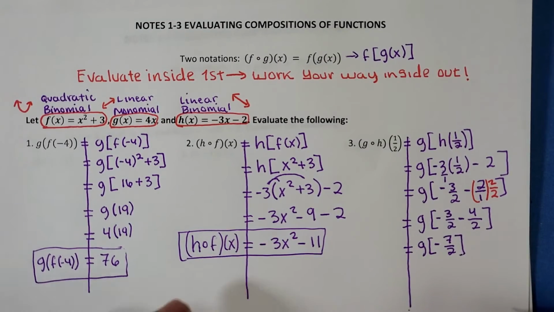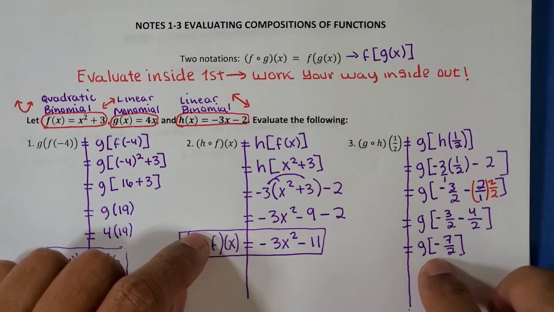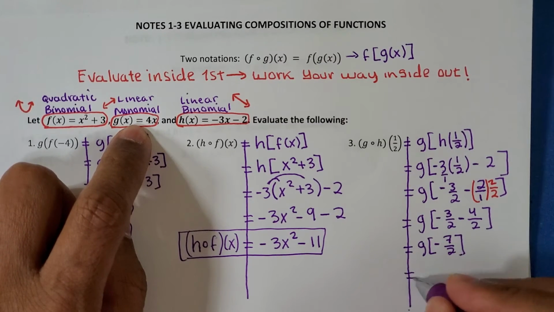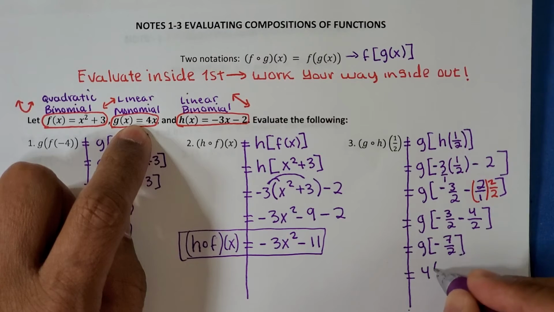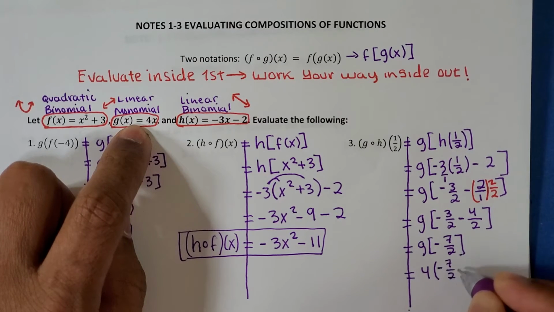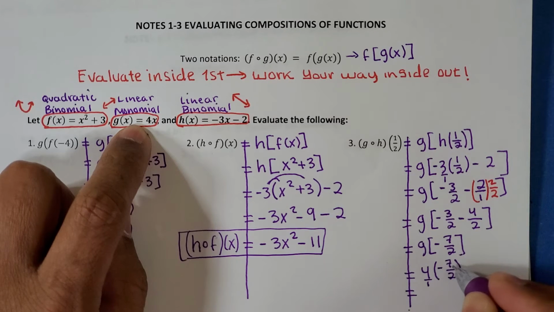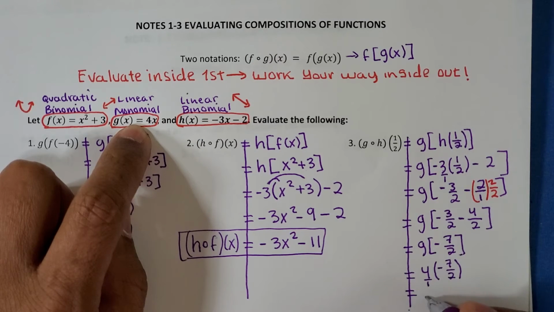Okay, now I'm going to look at the g function. The g function has a 4 in front of the x, so then this is going to be 4 times negative 7/2, and we know that 4 times 7, this is 4 over 1, 4 times 7 is 28, okay, and 28 divided by 2 is going to be 14, but this is a negative, so the answer is negative 14.